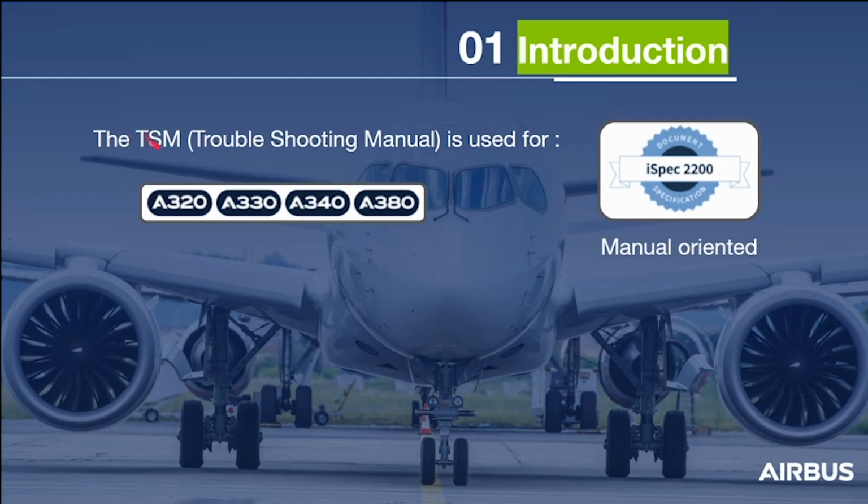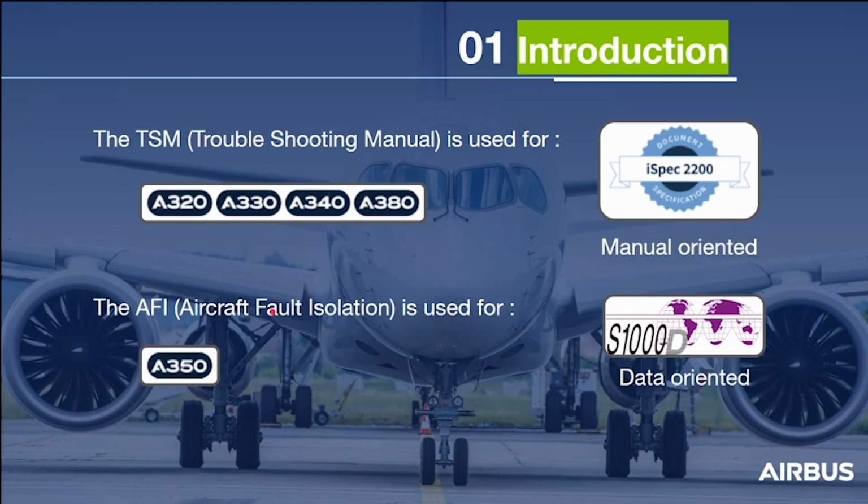The TSM acronym stands for Troubleshooting Manual. It is used for the A320 family, A330 family, A340 and A380 aircraft. It is based on the ISPEC 2200 specification and it is manual oriented.